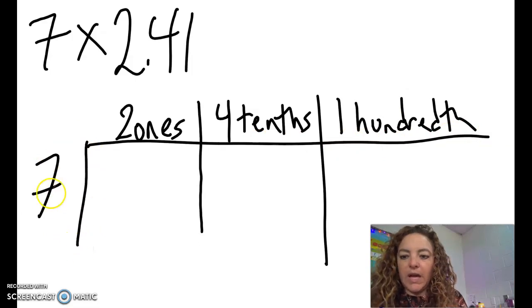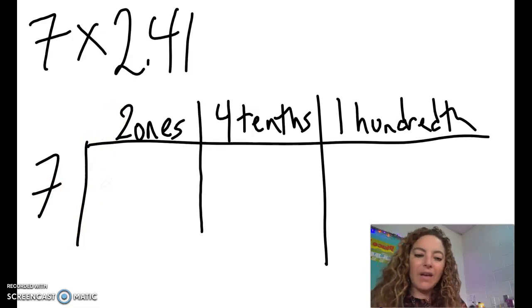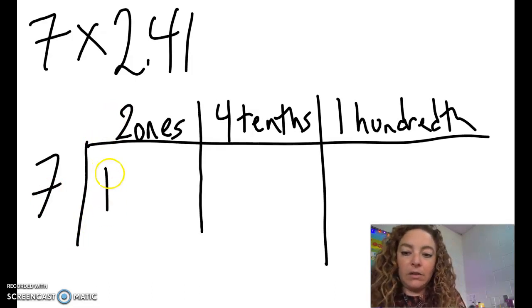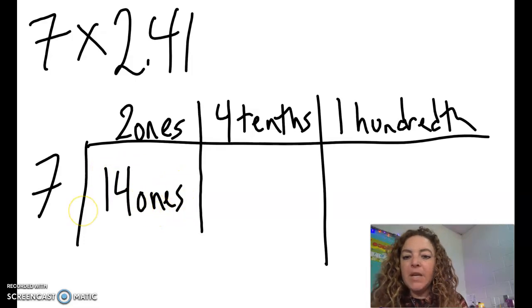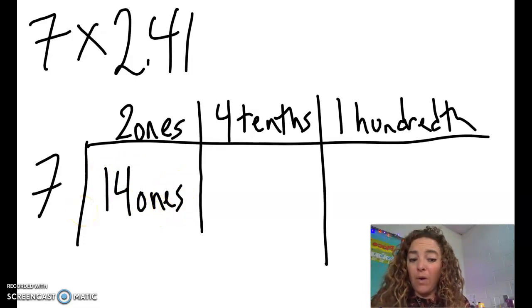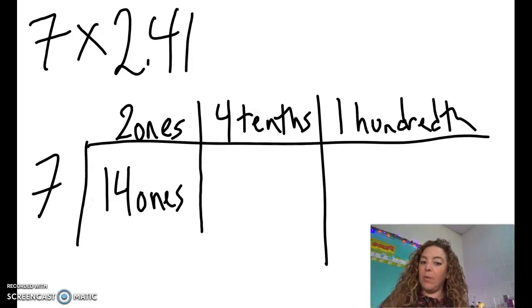So, when we look at that, 7 times 2, or 7 copies of 2 is 14. So we'd have 14 1s, okay? 7 times 4, or 7 copies of 4, right? That's repeated addition, another way of thinking of this.